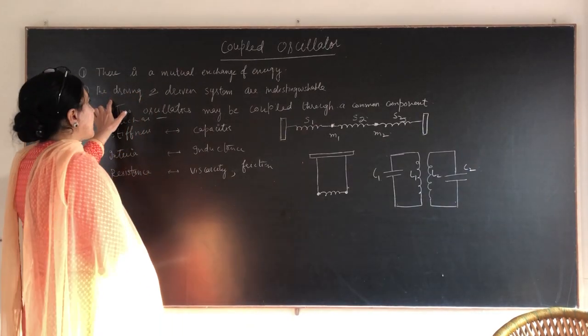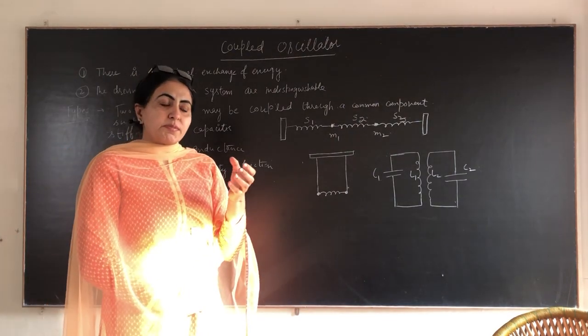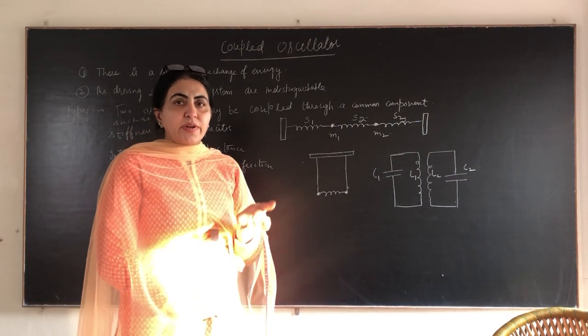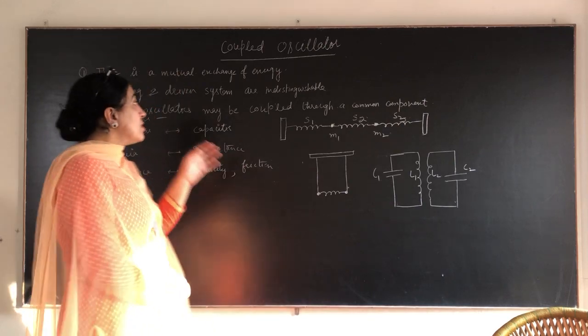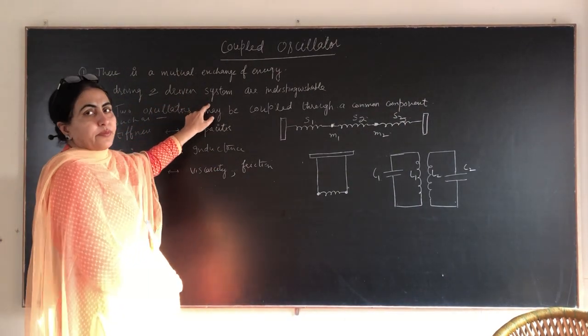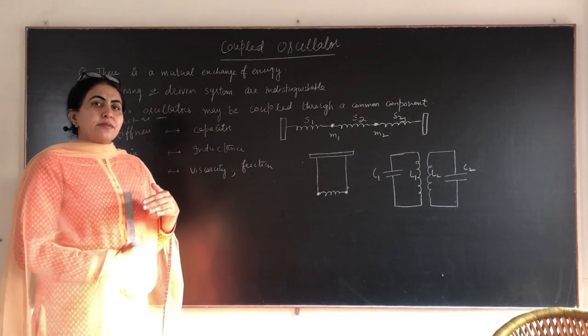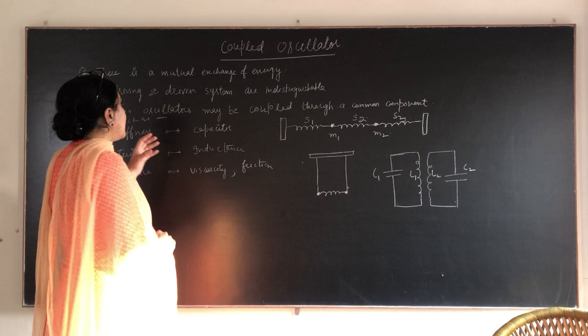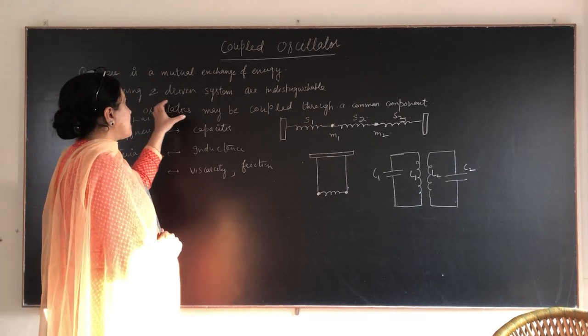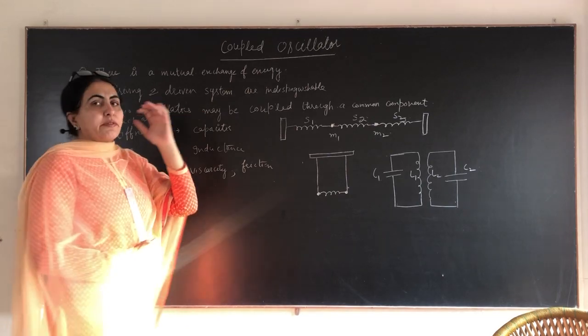And the driving and driven system, because in an oscillator there are two systems, one is a driven system and the other is a driving system or driving agency. So in the coupled oscillator, the driving and driven system are indistinguishable. Means that we can't distinguish between the driving system or driven system. The driven system may be driving or the driving system may be the driven system.